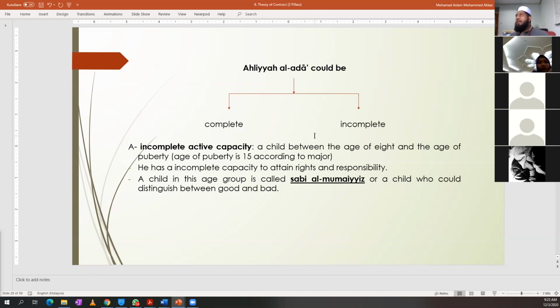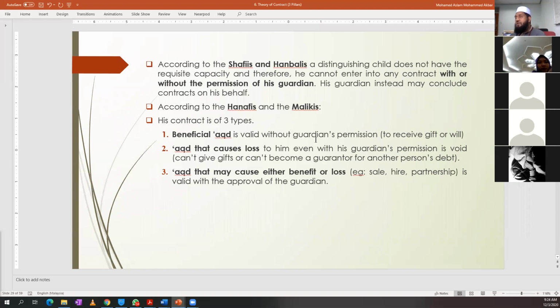So now the question is, can he do any transaction by himself, or does he have to get permission from the guardian? Can he do some business with the permission of his guardian, or can he do any business without the permission of the guardian? So now we have a couple of different views.